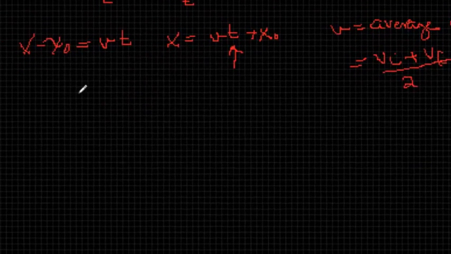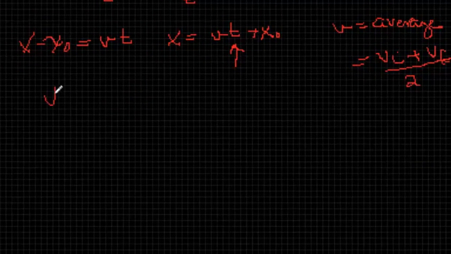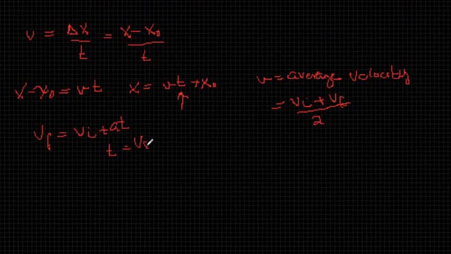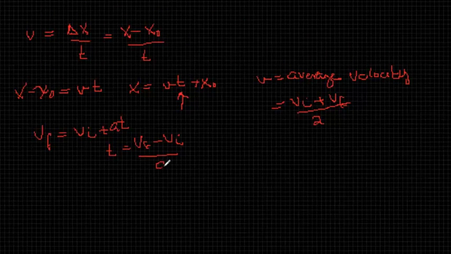And t here, if you remember the first equation, which is final velocity equals initial velocity plus acceleration times time, t would equal final velocity minus the initial velocity divided by acceleration.